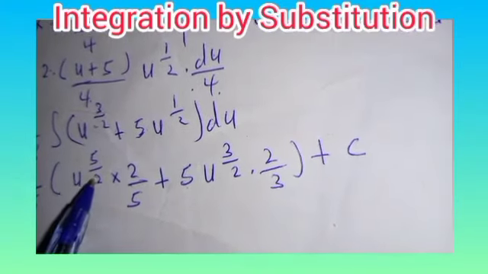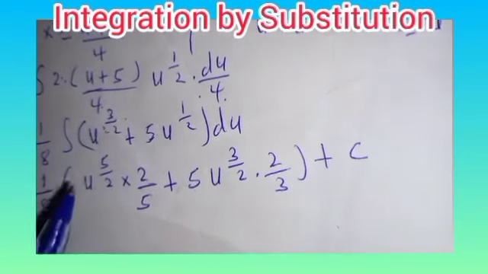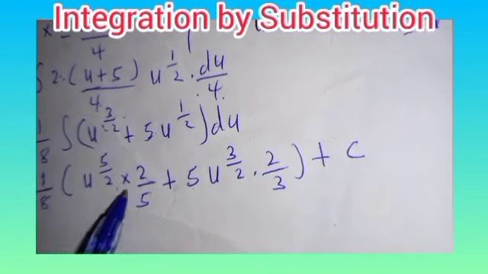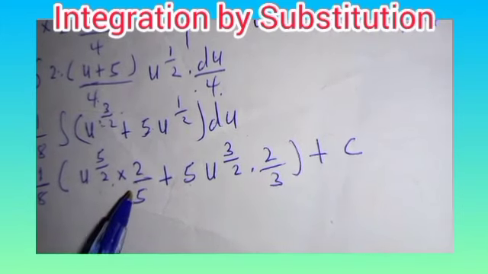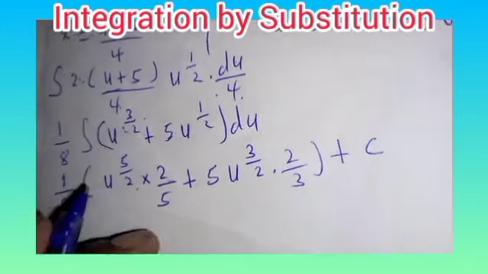So here you want 1 to get 5 over 2, and you divide by 5 over 2, which is the same as multiplying by 2 over 5. So we can distribute this.